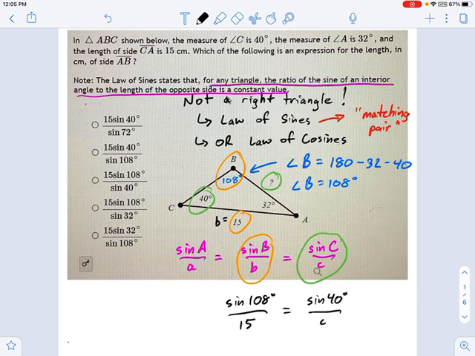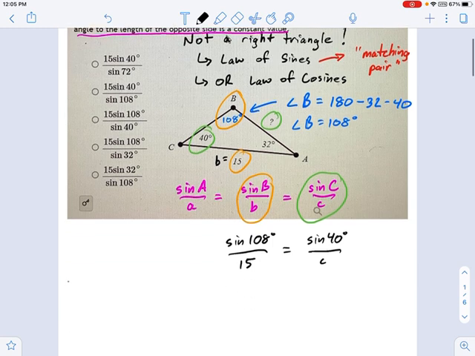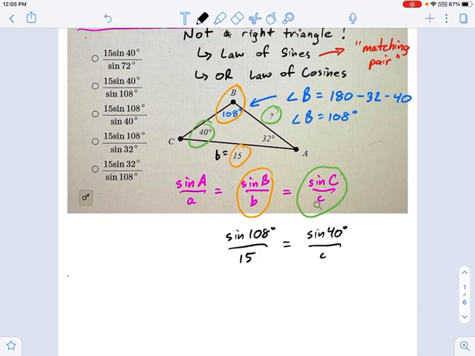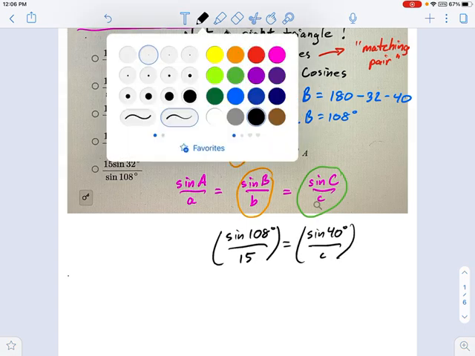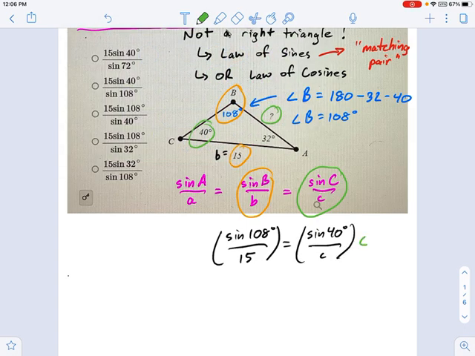Okay, so I want to know what is the centimeter length of side AB. In other words, what's that c thing? Well, we have to do some algebra at this point, but it's not too bad. I'm going to multiply each of these fractions by things to make them not fractions anymore. Okay, I'm going to multiply each side by c. That's going to cross out these c's. And I'm going to multiply each side by 15. That's going to cross out the 15s. So what we get is the following.